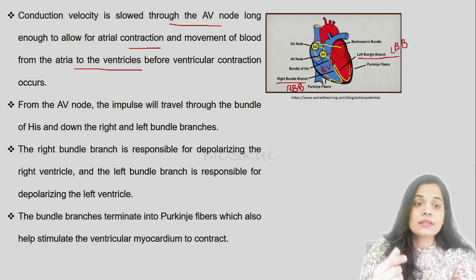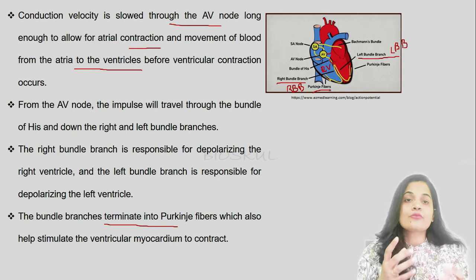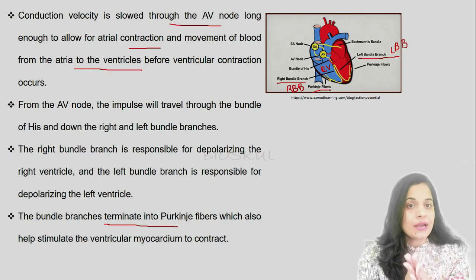After that, these bundle branches terminate into Purkinje fibers. Purkinje fibers are millions of cells that project into the myocardium.